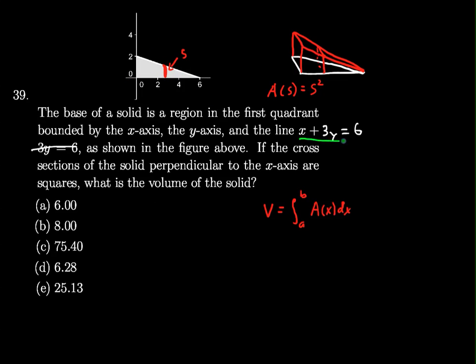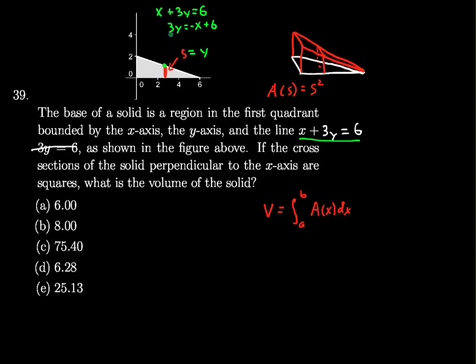And what I have is this equation, x plus 3y is equal to 6. I want to figure out how tall this is. This S is going to be equal to the y value right here, but that changes based on x. So let me solve this for y. I'll start by subtracting x, and I get 3y equals negative x plus 6.